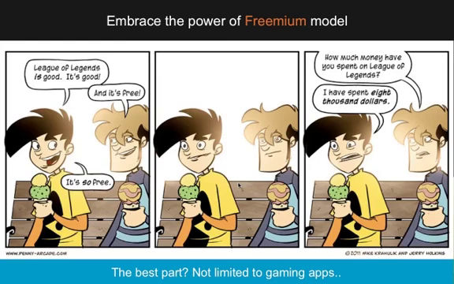Right? The reason this model is amazing is because not only does it remove the lower barrier of consumers to actually try your app, it actually removes the upper barrier as well of what you could price your app at. So to explain this, if you went with a pure paid app, you'd probably price your app at 99 cents, maybe a few dollars if it's really niche.